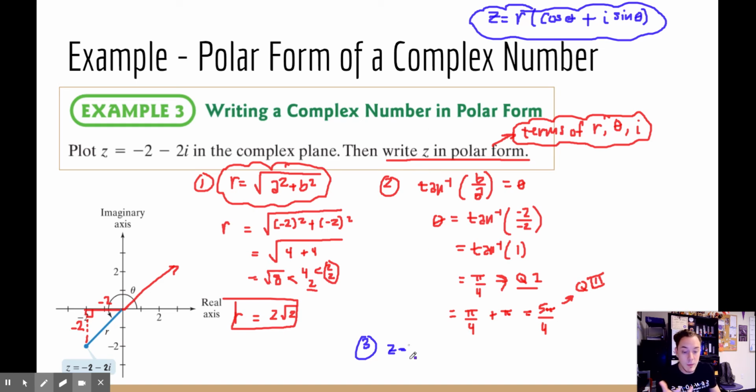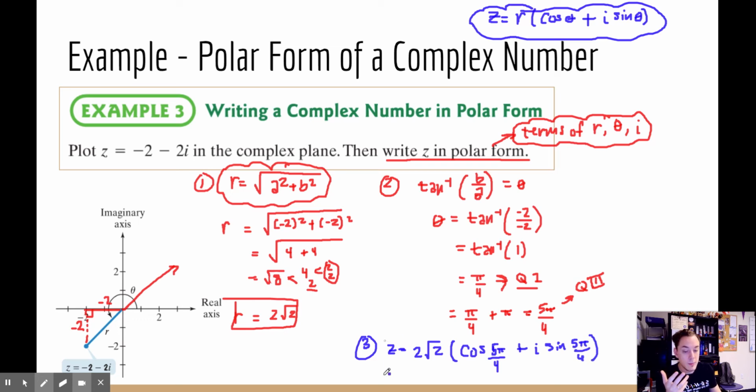So I take that. What's my R? This is 2 radical 2. What's my theta? This is going to be in parentheses cosine of theta, which my theta is 5 pi all over 4. And then plus I sine, and then 5 pi all over 4.